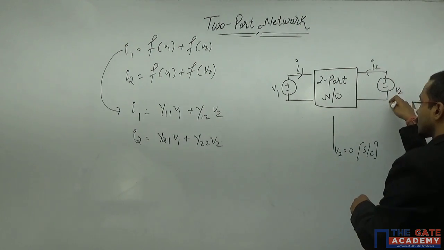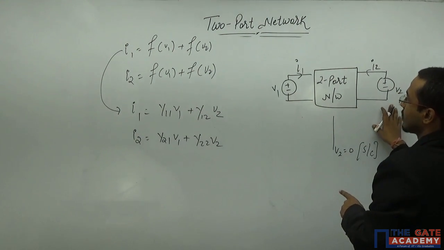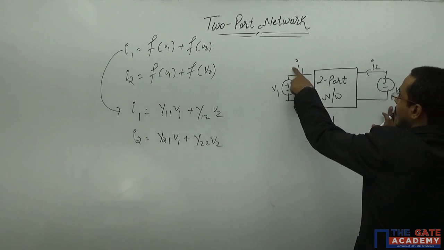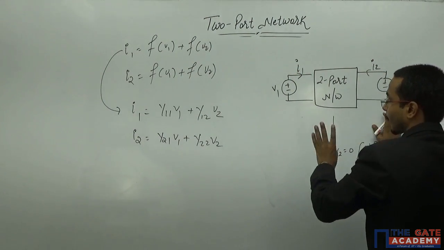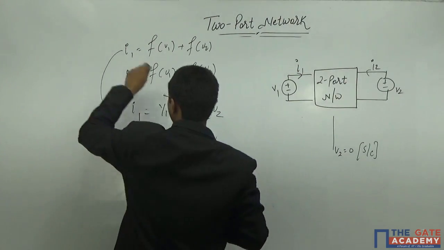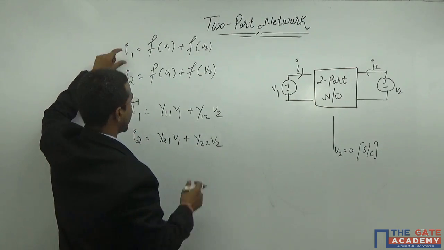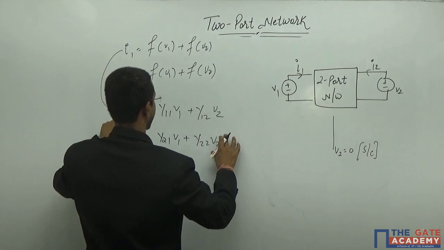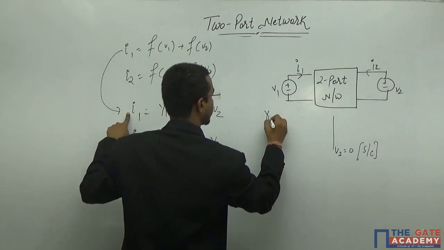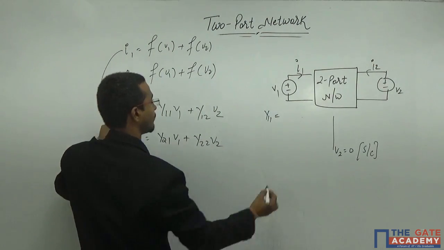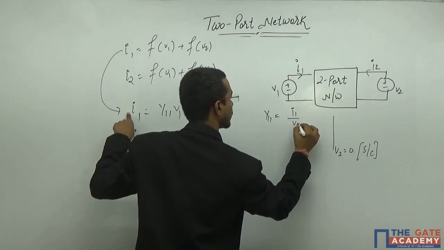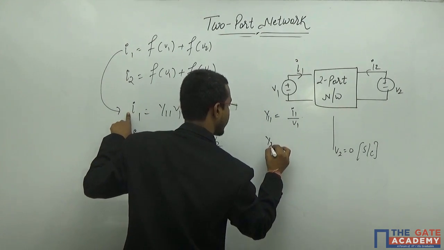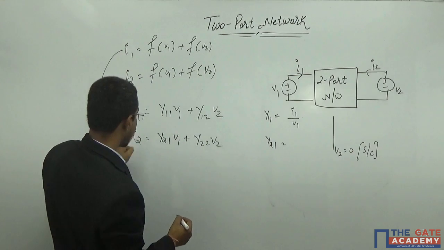You will short this particular source and you will try to calculate the value of this I1 and this I2. Whenever you put the V2 value as 0, you will get Y11 is equal to I1 by V1, and similarly Y21 is equal to I2 by V1.